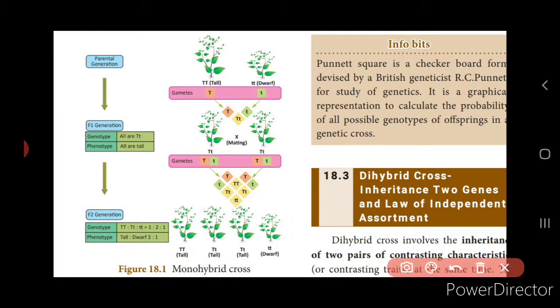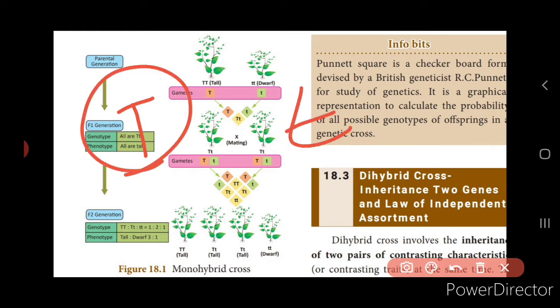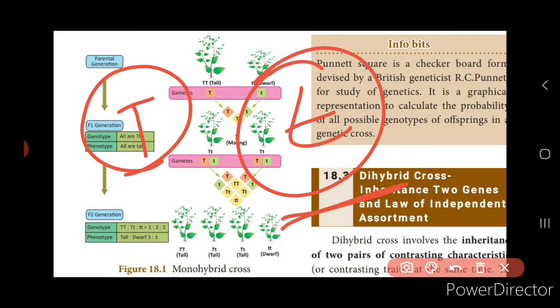Now here this capital T is nothing but the dominant condition. Now what do you mean by dominant condition? When two factors of two different characters are brought together, the character that expresses itself is called the dominant character, and the character which is getting masked, which is getting suppressed, is called the recessive condition. So it is represented by a capital T, that is the dominant character, and a small t is the recessive condition.